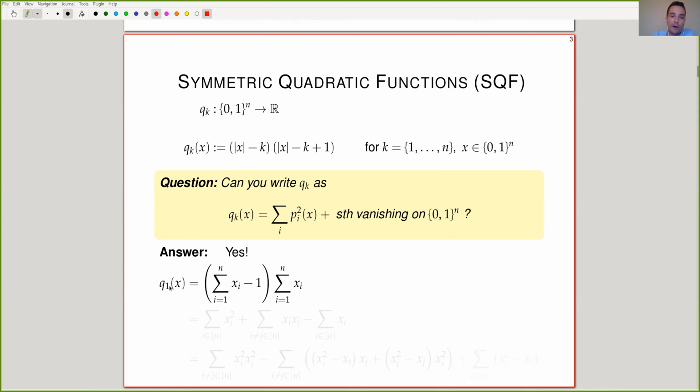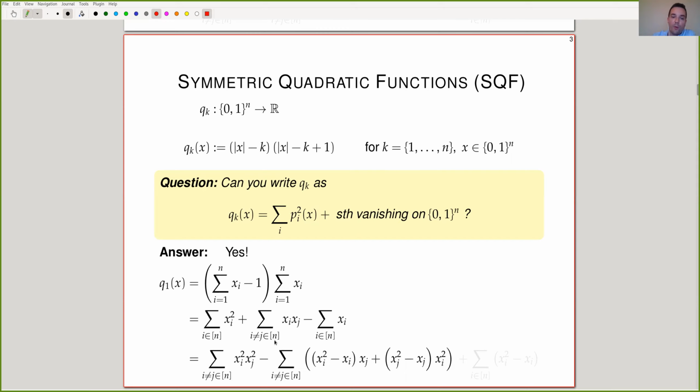So let's write q1 of x in that form. Let's open the brackets. We get the following three terms. And we'll start with the term in the middle, meaning summation over all i different than j, xi times xj. And this actually can be written in the following way. So we'll get summation of xi xj squared minus some compensating term that actually will vanish over the Boolean hypercube just because it has these two constraints, these two terms in the middle, and they vanish over the Boolean hypercube.